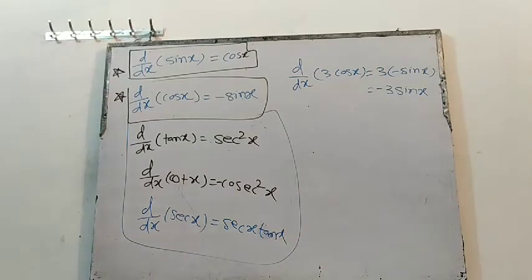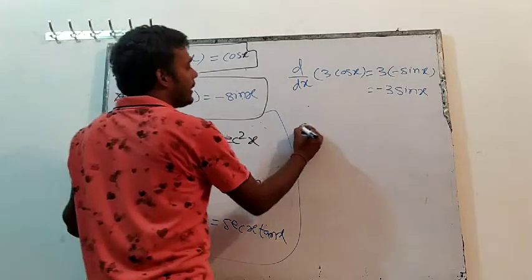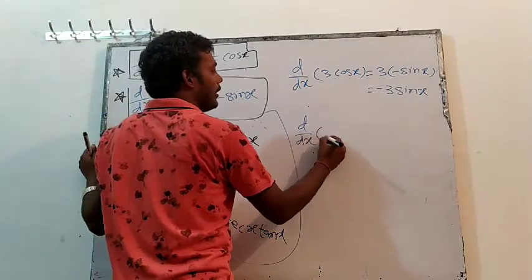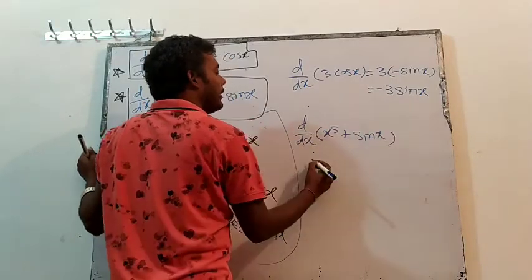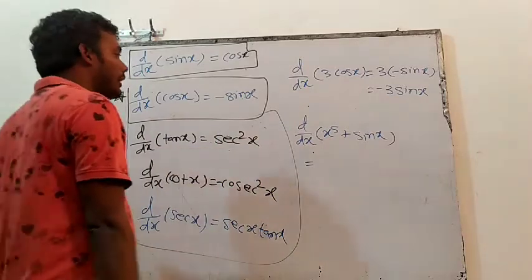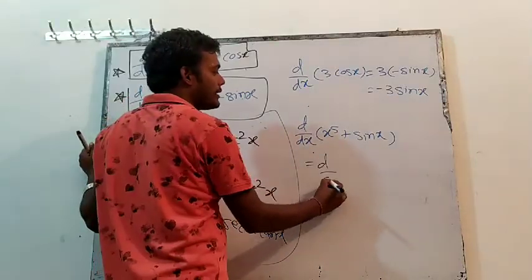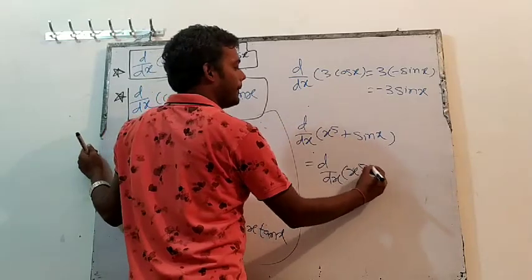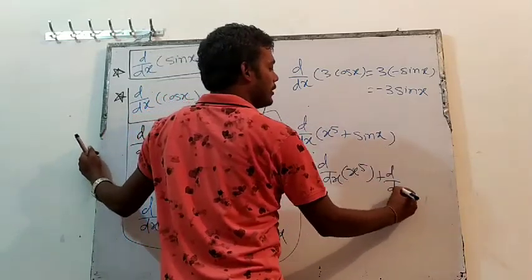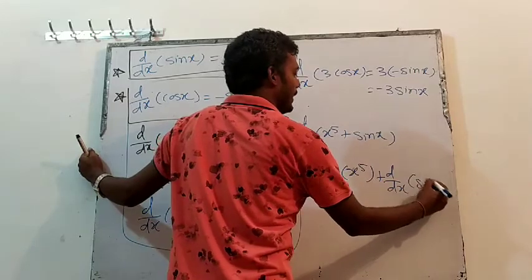For example, differentiation of x to the power 5 plus sin x. What will be its differentiation? You can write that this is actually differentiation of x to the power 5 plus differentiation of sin x. You can split it.